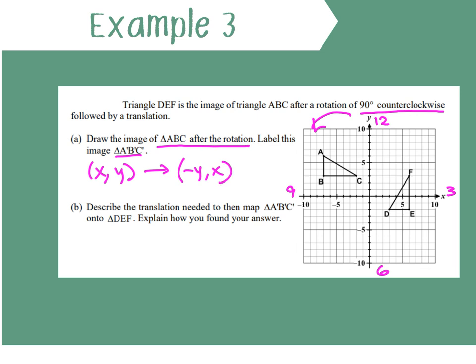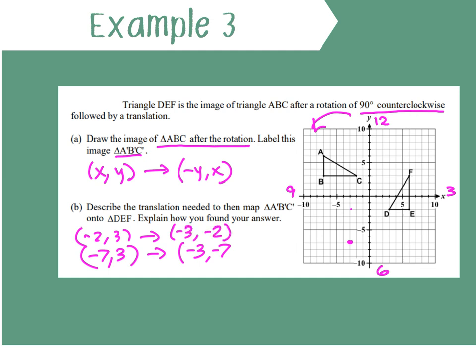So my (-7, +3), I'm going to just draw this, (-7, +3), gets reversed. So it'd be (-3, -7). Count 1, 2, 3, 4, 5, 6, 7. Okay, and then my (-2, +3) gets reversed, and it becomes (-3, -2).